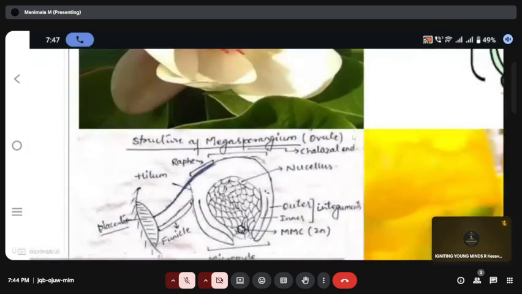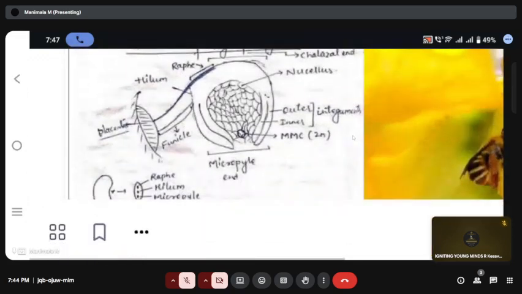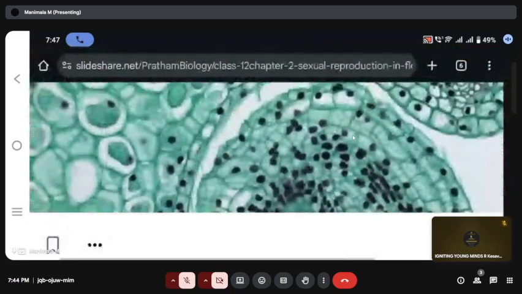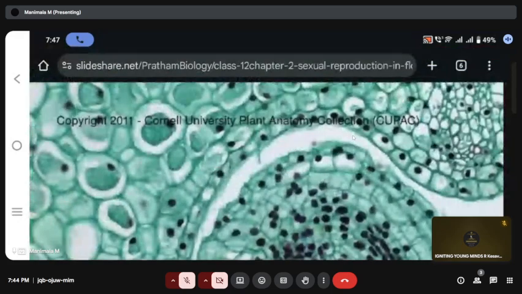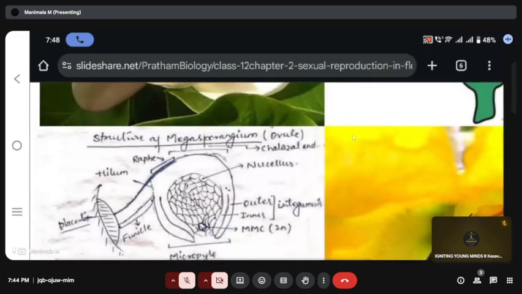Next, we are going to see the structure of the megasporangium. The ovary, the swollen basal part, differs in different organisms. For example, only one ovule is present in paddy, wheat and sunflower; please make a note of it.